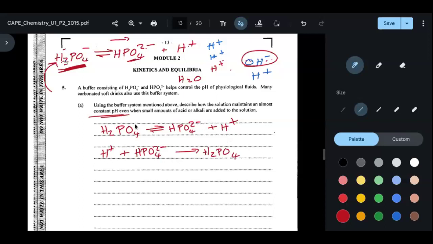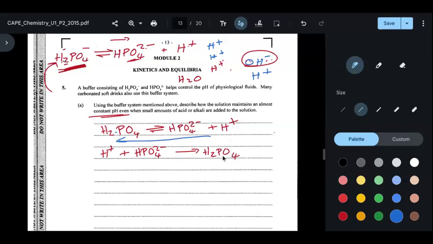So it will shift the equilibrium to the left. All right. And you can show them this reaction. This is how we get rid of the hydrogen ion. It combines with this ion to form this. And so the equilibrium will shift to the left hand side.